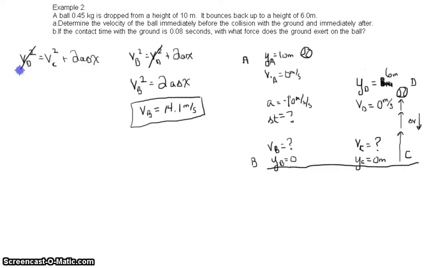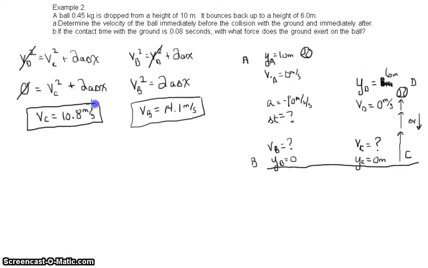So we know the final velocity is going to be 0, so we have 0 equal to v C squared plus 2a delta x. We substitute everything in and solve for velocity C. We find out that the initial velocity after the collision is about 10.8 meters per second.